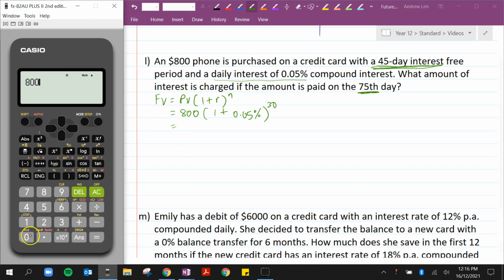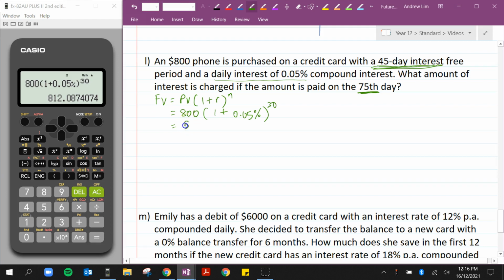So you have 800 times 1 plus 0.05% to the power of 30. Okay, because this is per day, 0.05% per day for 30 days, they're in the same units. That gives us $812.09. That's the future value.